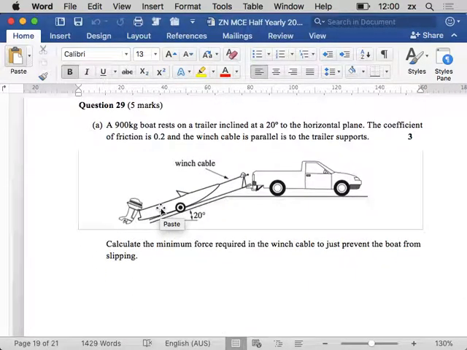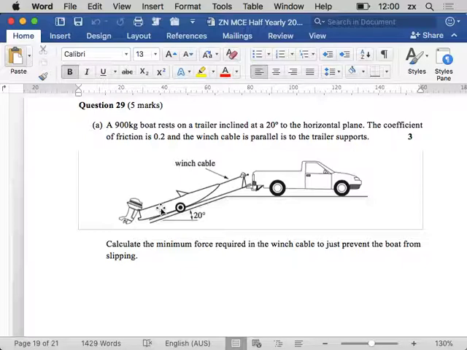It's another friction question. Question 29, this is exactly the boat question. I was a little worried. We've done this question so recently, so I had to change the values just to make sure you don't just remember it, because we did this right in the lead up to the exam.